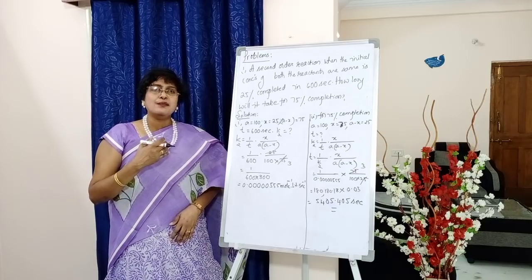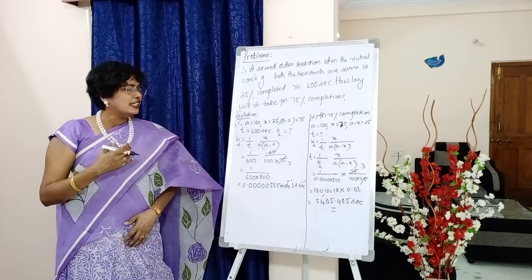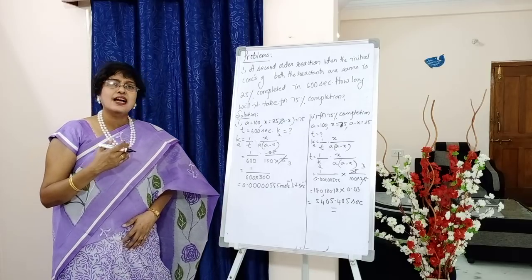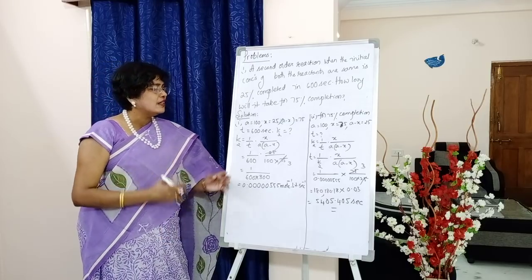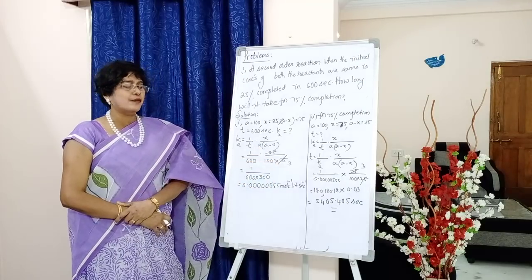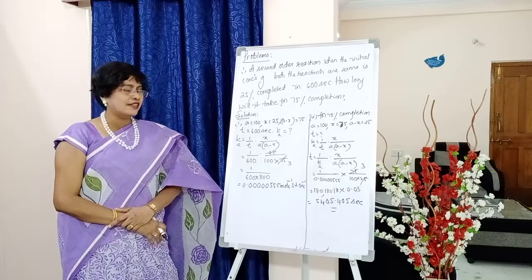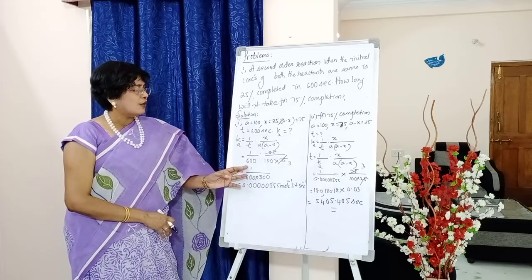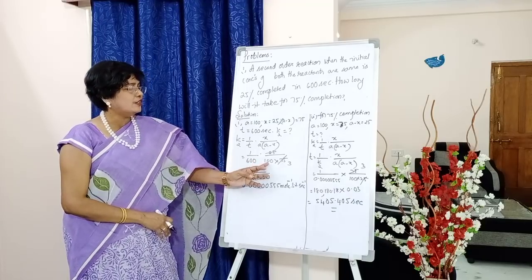1 by T, 1 by 600 into 25 by 100 into 75. So 25 and 75, 3 times it will be cancelled. 25 3s are 75. So what remains? 1 by 600 into 300.